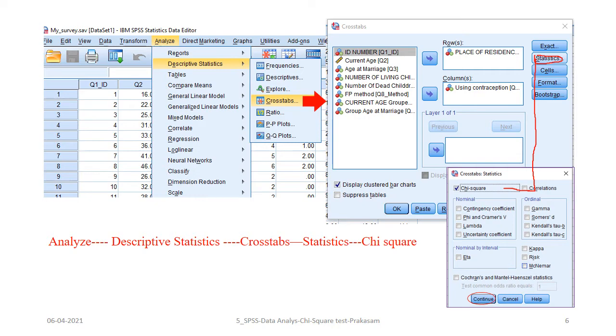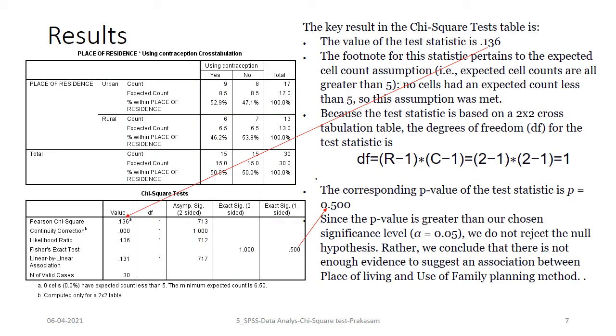Here you can see the output generated by SPSS for the chi-square data. Here place of residence is in the row and use of contraception in the column. Down below you will find the chi-square test.